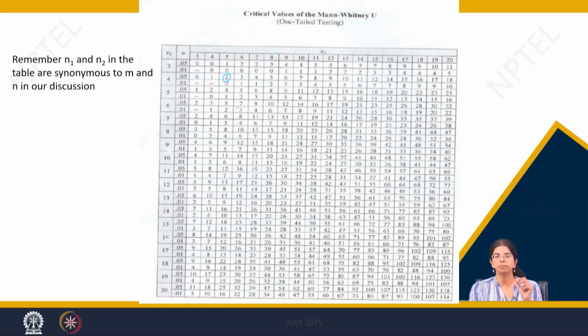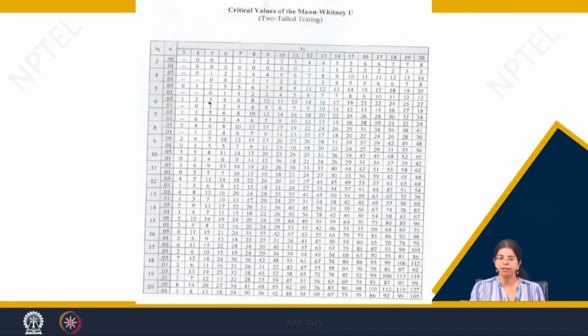Can you see the blue circled numeric? That is your critical value. Similarly, you can look for any value, but remember this is a one-tail scenario. In case you have a two-tail picture, then you have to go for the table valid for two-tailed testing.